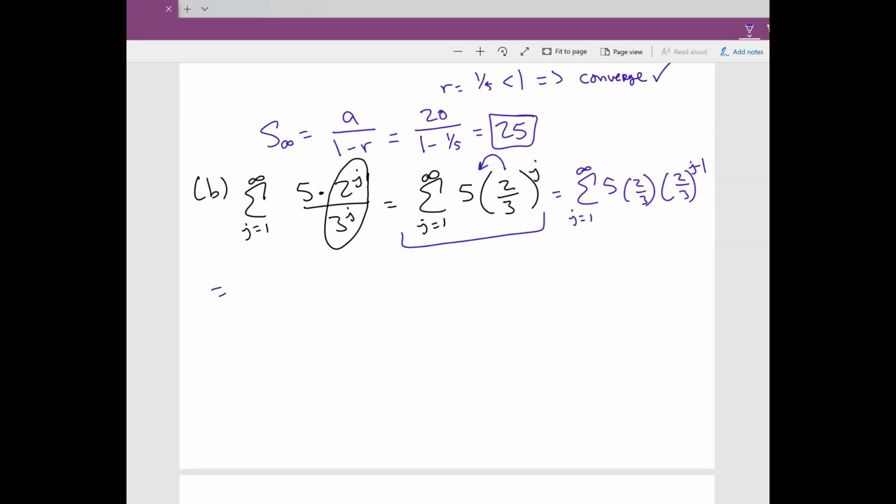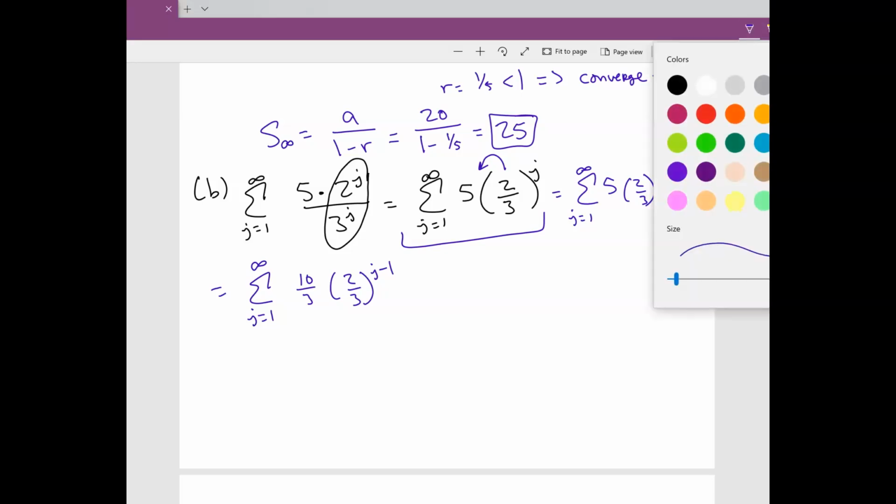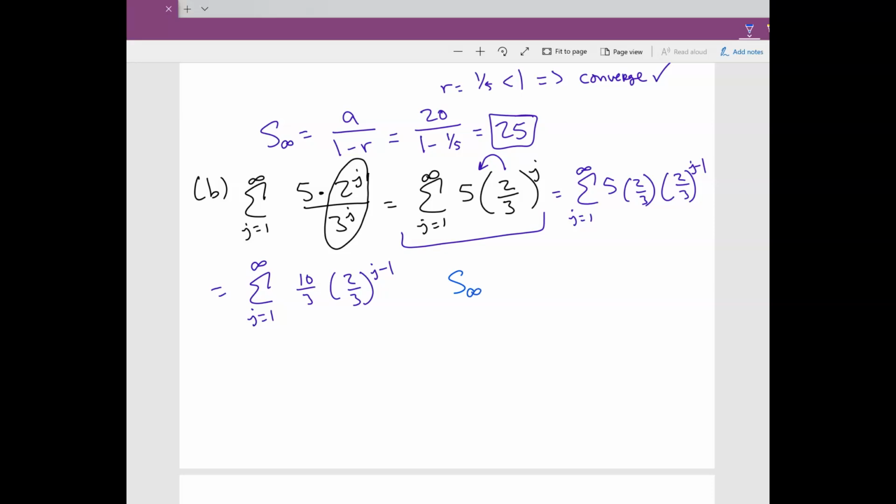What I'm left with is the sum from j goes from 1 to infinity, and that's going to give me 10 over 3, and then I have this (2/3) to the j minus 1. Now we're going to find the sum, s sub infinity equals a over 1 minus r, if it converges, which it actually does.